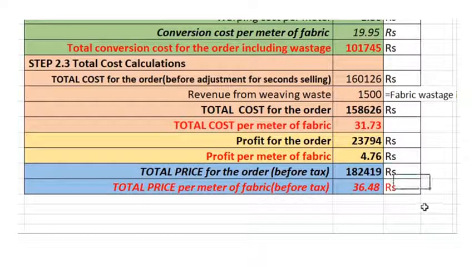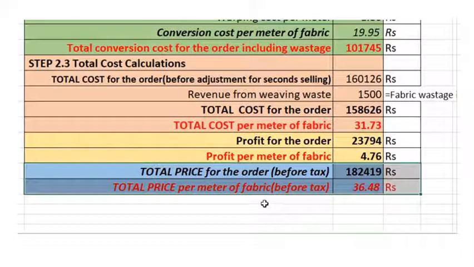This is how you calculate the price for an order with the available values in the industry for pick rate, for weaving cost, for sizing cost per meter, and if you have some second selling, how to accommodate all those things and find the final selling price for the order and for the per meter of fabric. Thank you.